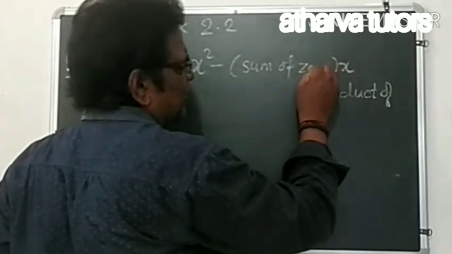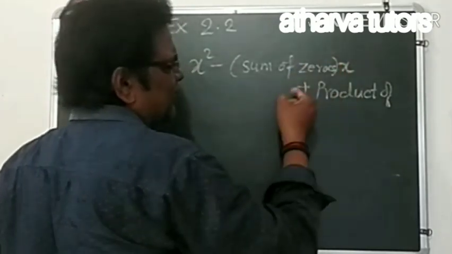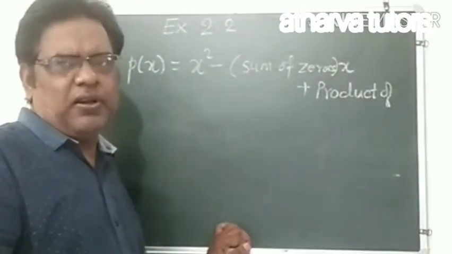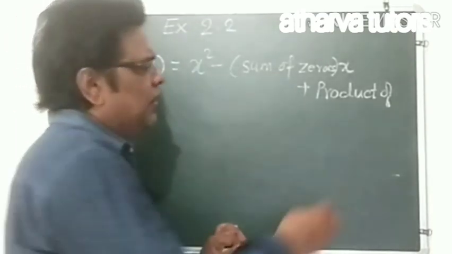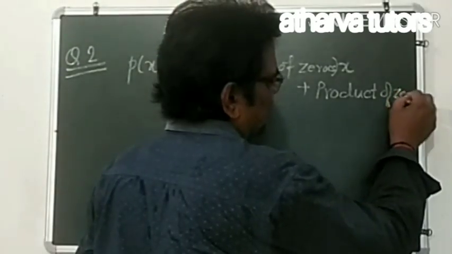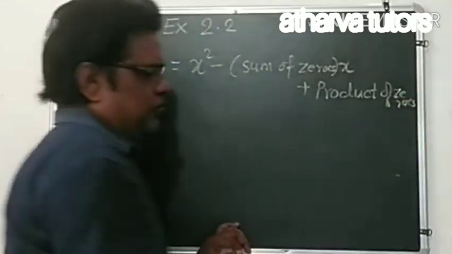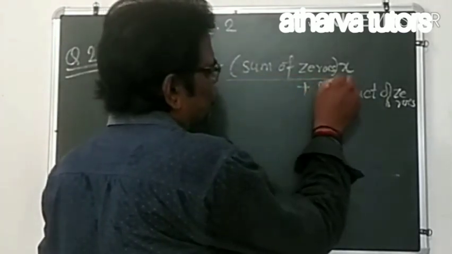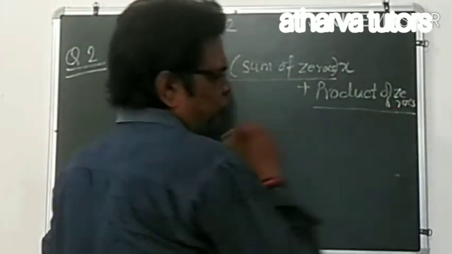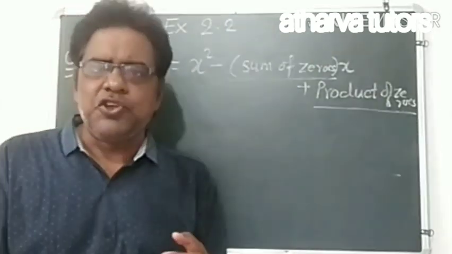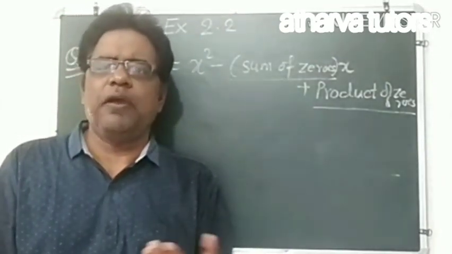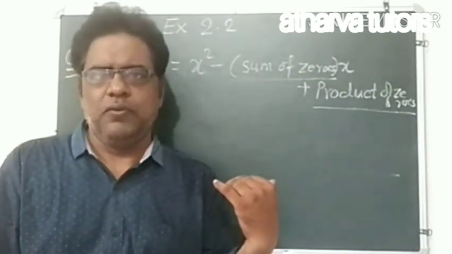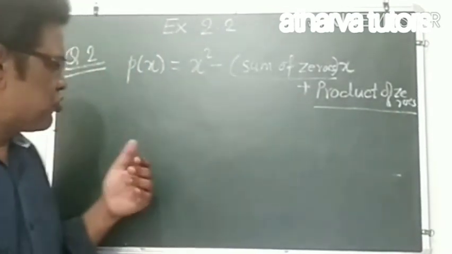Many times I have seen it written as zeros everywhere. It does not make any difference whether we write roots or zeros. Both mean the same thing. So to form a quadratic polynomial, you should have the sum of zeros and the product of zeros. Or even if the values of alpha and beta are given, then also you can form the equation. Now let us solve questions based on that.